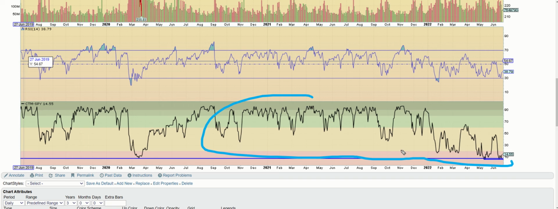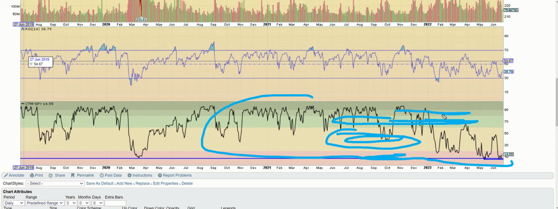When it's down here in this pink shaded area, we've got a very strong downtrend. When it's inside this yellow area, we've got a flat to weakish downtrend. When it's in this lighter green area, we've got a weak, flattish uptrend.